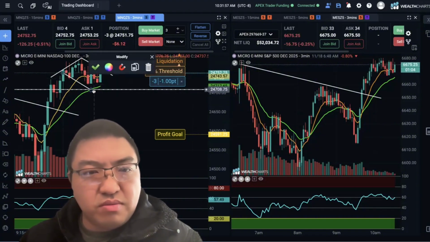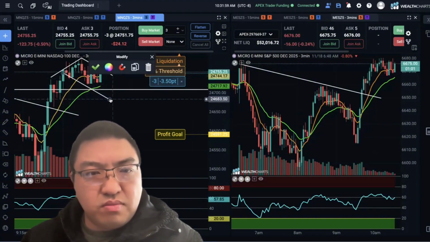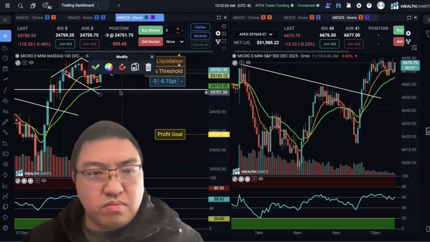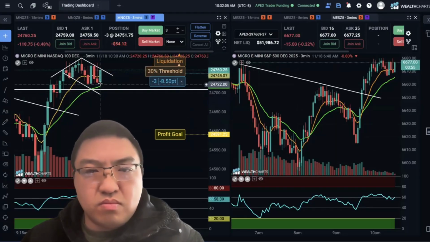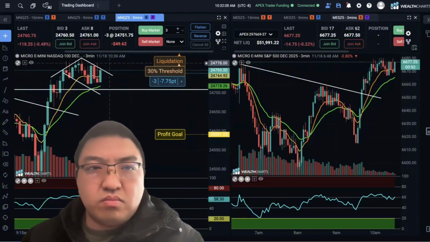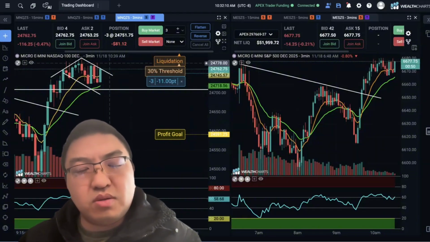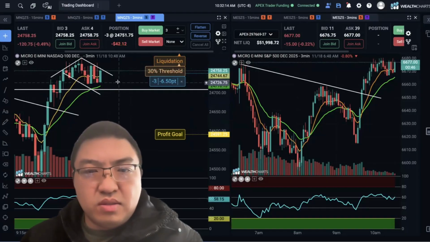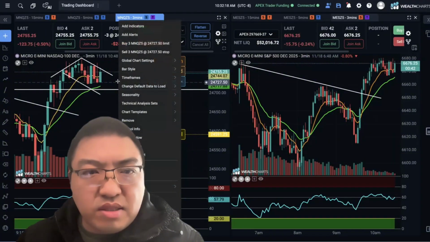Especially during this trend. God, we just entered in the middle of the sideway. So I will probably get out of the trade here.